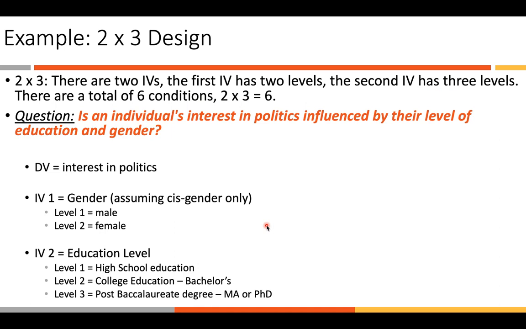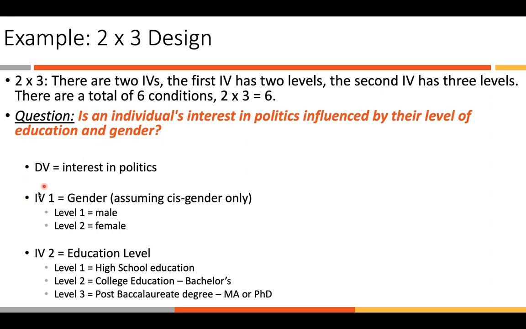Okay, so let's look at another example or two, just so we can flesh out the details here. Let's look at a 2x3 factorial design, which is going to provide us with 6 experimental groups, or cells. We think maybe that interest in politics, which is going to be our DV, our outcome, is influenced both by level of education and gender.